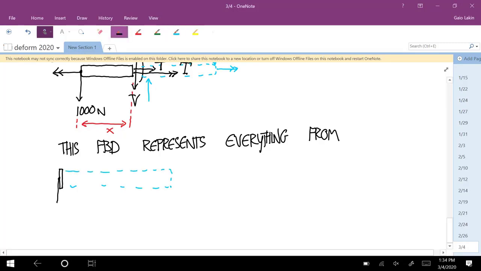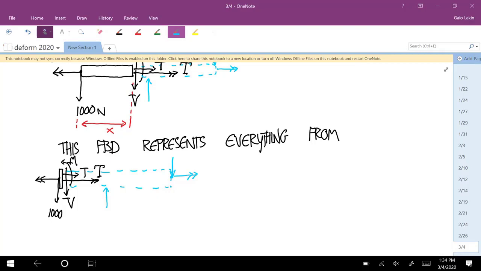And you have this downward force, this couple, these internal loads, but we're leaving off this, this, and this. Are you with me on what that's supposed to look like?